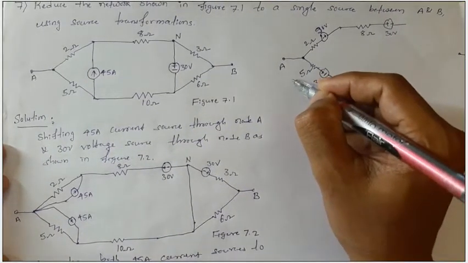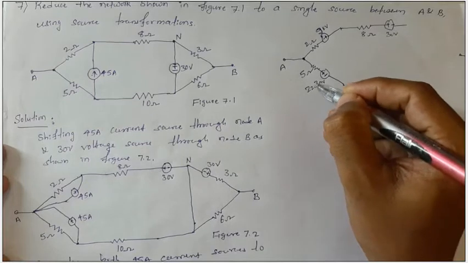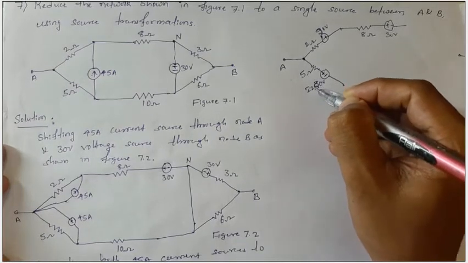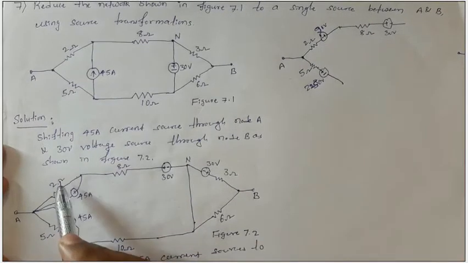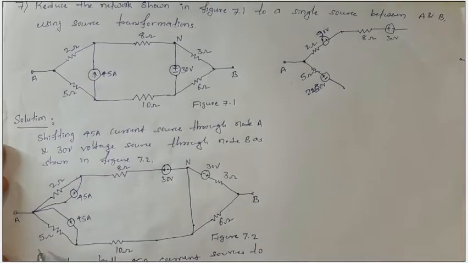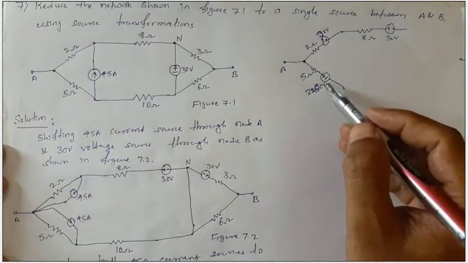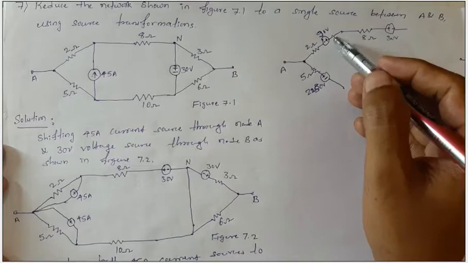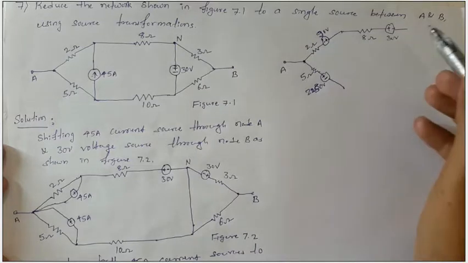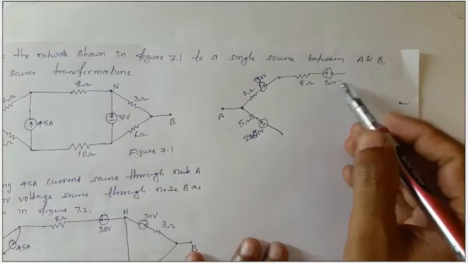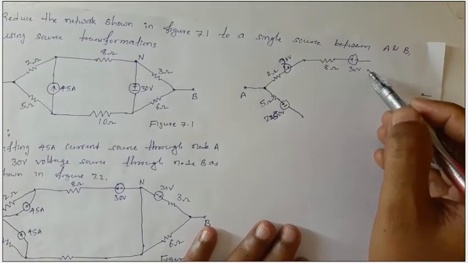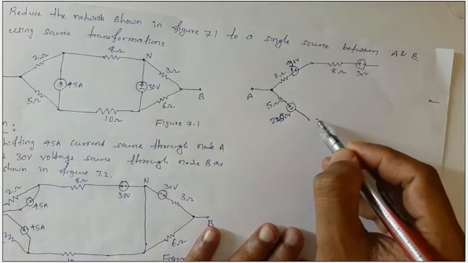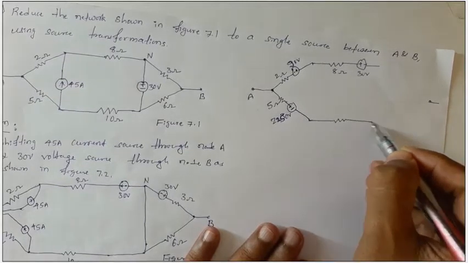So the value of this voltage source is 225, the value of this voltage source is 90, and this is a 30 volts voltage source, and here we have a resistance.